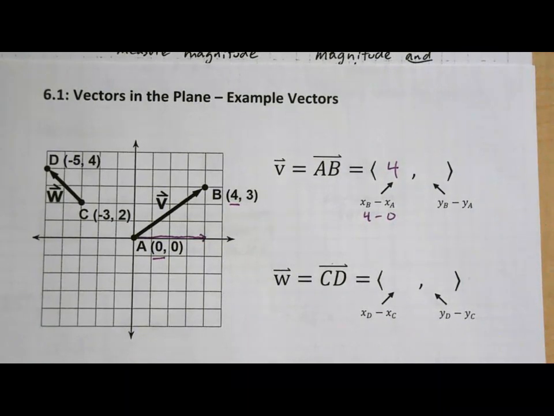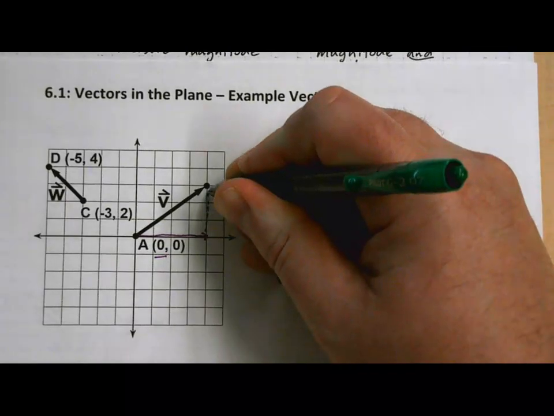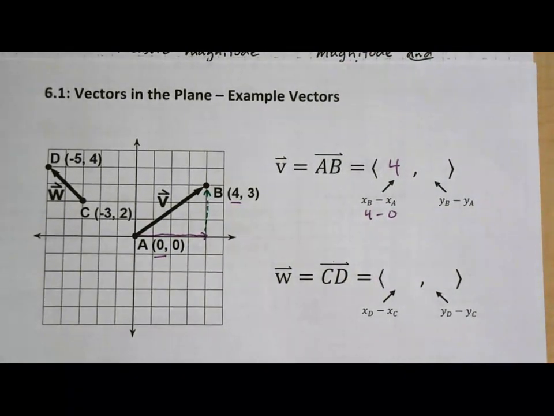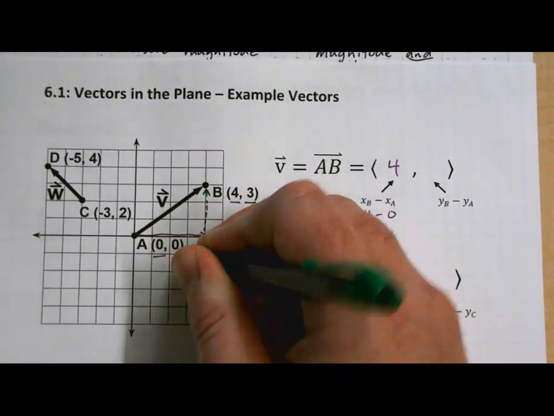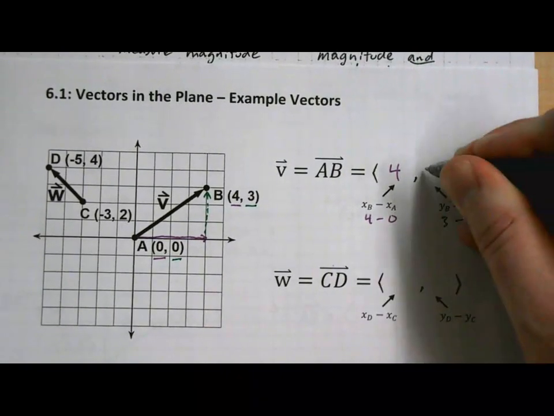Vector v also has a y component. It is how far this vector is traveling in the y direction. And again, we can use those y coordinates, the ending y coordinate minus the initial y coordinate. So we would go 3 minus 0 to get 3.